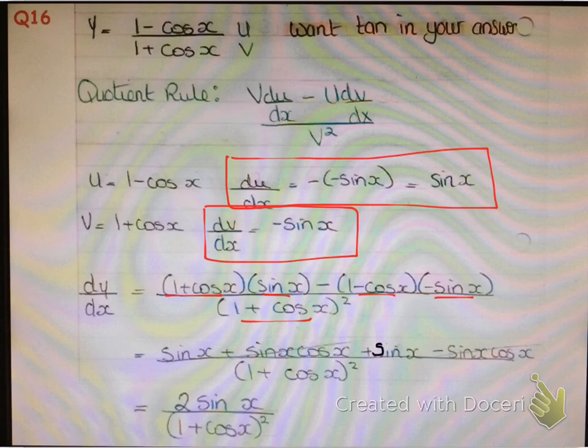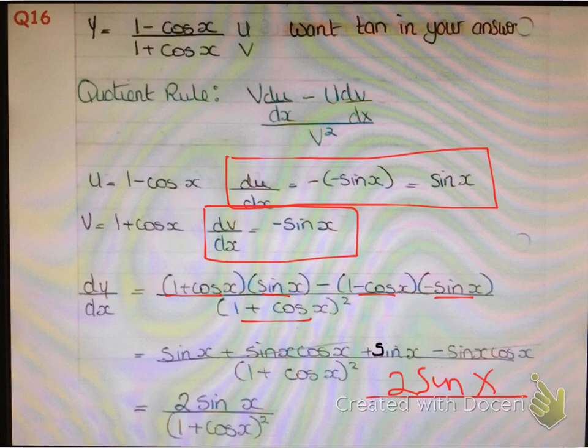Sorry, it's just cut off at the bottom there, but it's 2 sine x all over (1 plus cos x) all squared. Okay, so it's all over that denominator there. I just can't fit it in. Okay, so now you are looking at what you've just gotten your derivative to be: 2 sine x all over (1 plus cos x) all squared. Now you eventually want to have tan in your answer.